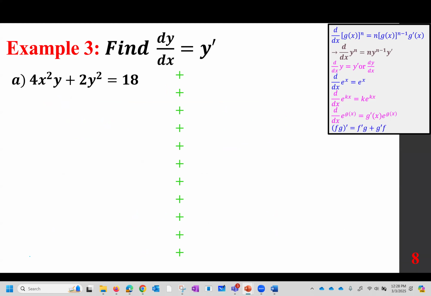We want to differentiate 4x squared y plus 2y squared equals 18, or we want to find dy/dx, or y prime. It means the same thing. Notice the first piece is the product of 4x squared and y.